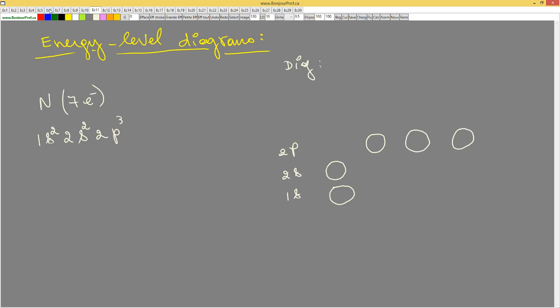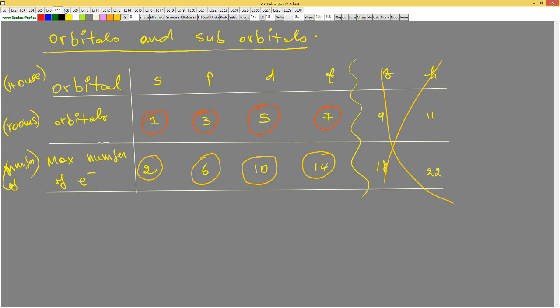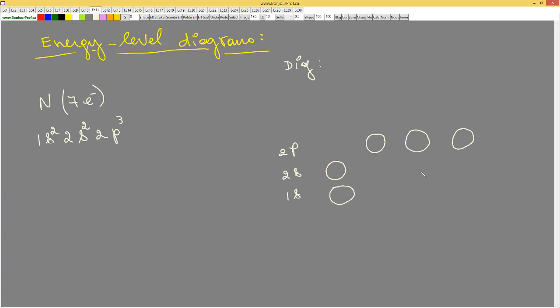S, how many orbitals? How many rooms? 1. P, how many rooms? 3. D, 5. F, 7. There is a trick: take the number of electrons allowed divided by 2. It will give you how many rooms it has. For example, 6 divided by 2 gives me 3. 2 divided by 2 gives me 1 room. Because each room can hold up to 2 electrons.